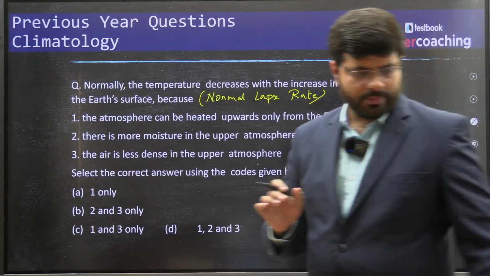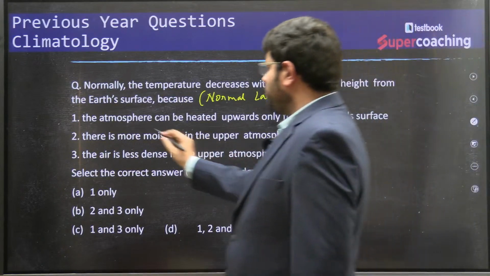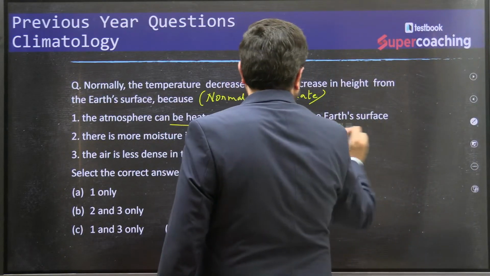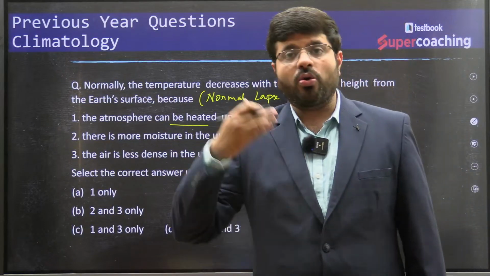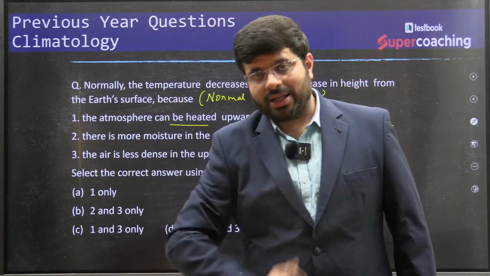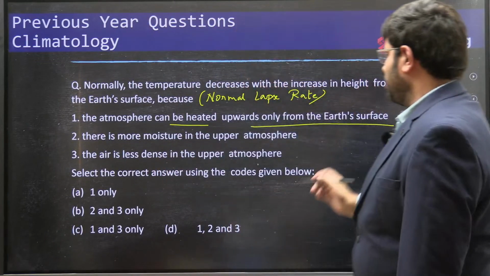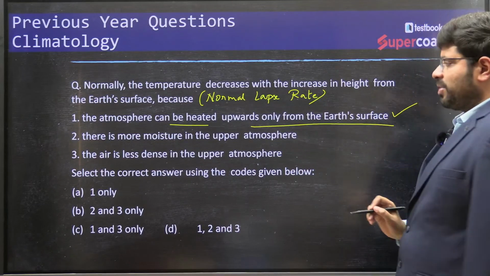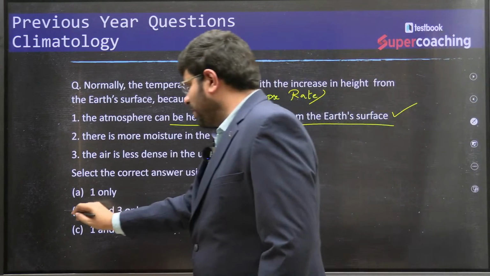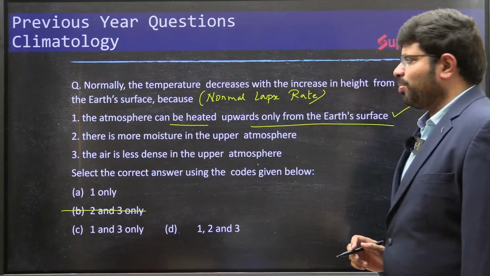Yes. Okay. Now, the atmosphere is heated upwards only from the Earth's surface. We all know that the atmosphere gets heated from terrestrial radiation, not from the incoming solar radiation. So yes, this is definitely correct, and you can eliminate option B. There is more moisture in the upper atmosphere.